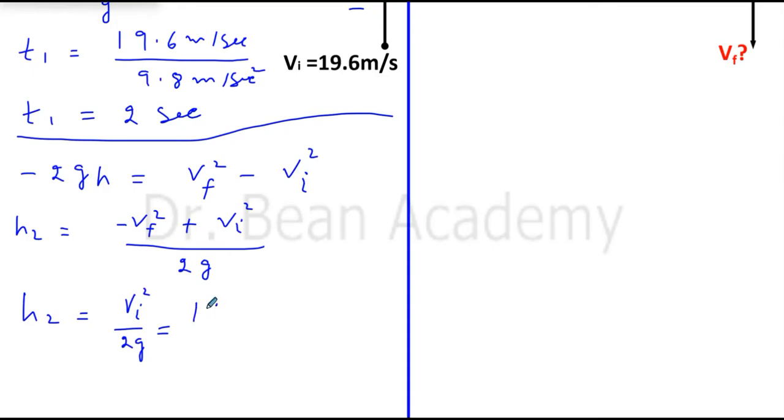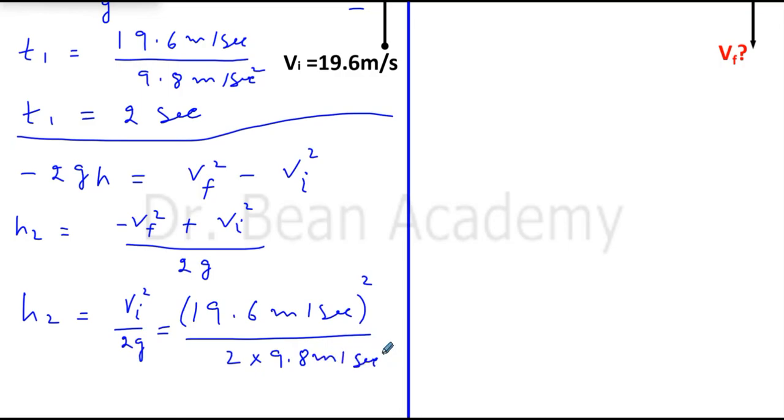So I will write 19.6 meters per second, squared, divided by 2 times 9.8 meters per second squared. And my calculator tells me that this whole expression equals 19.6 meters.